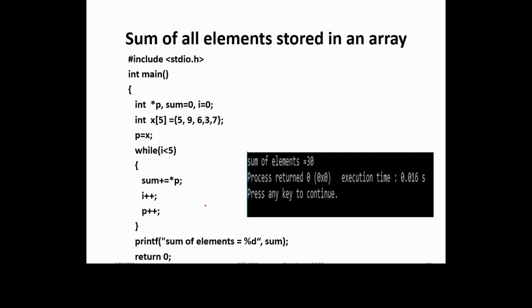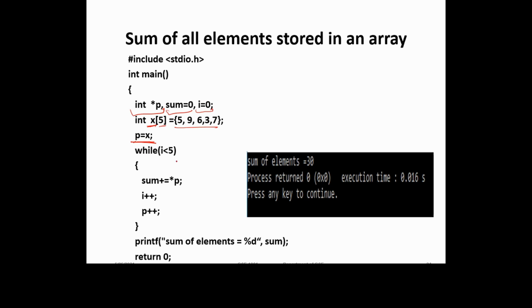Now if you want to find the sum of all the elements stored in that array, then we can use a pointer for performing this operation. This is an integer pointer, this is a temp variable, this can be a loop control variable, these are the array elements, this is the array x[5], name x, 5 elements. So p = x. Basically p = x means we are assigning to p the address of this array.